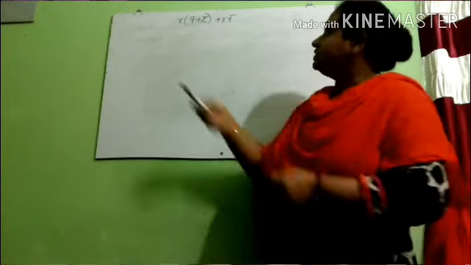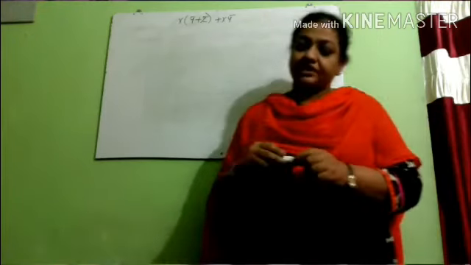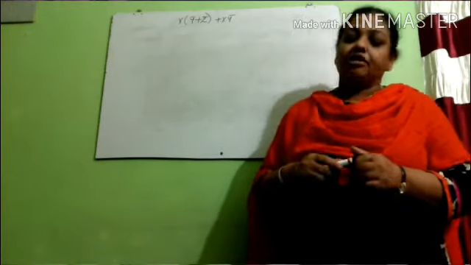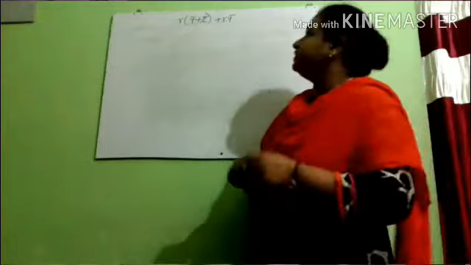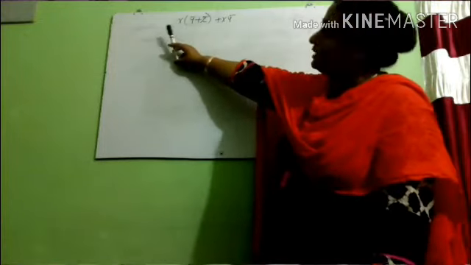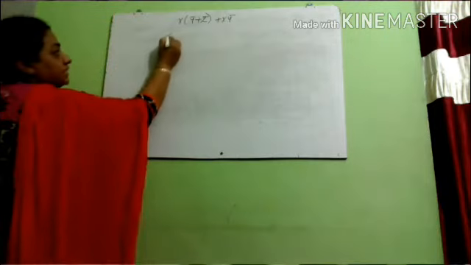If you have any difficulties, kindly contact me. I will be helping you. The expression is X bar Y Z bar plus X Y bar. Kindly note down this expression and then try to construct a truth table for it.